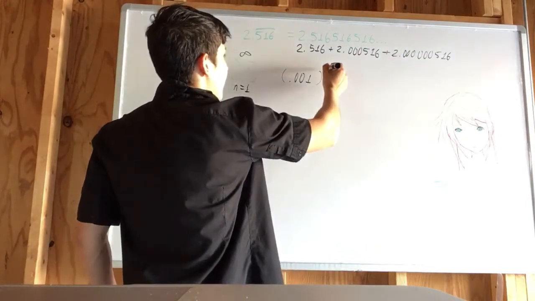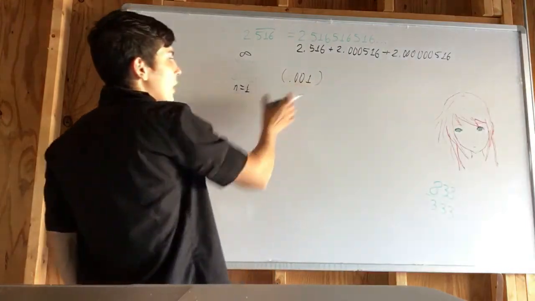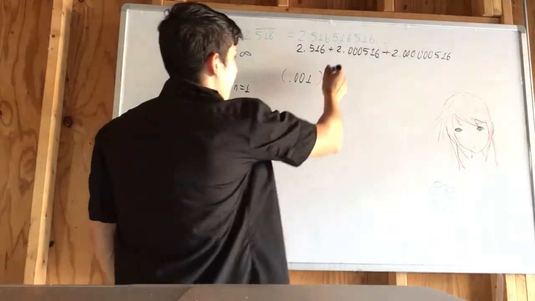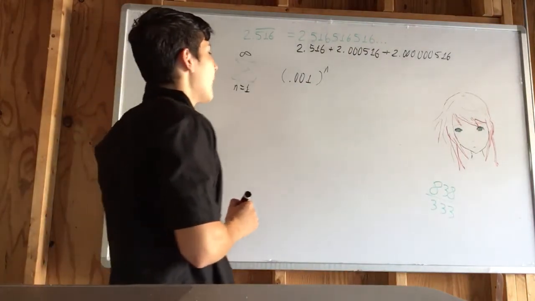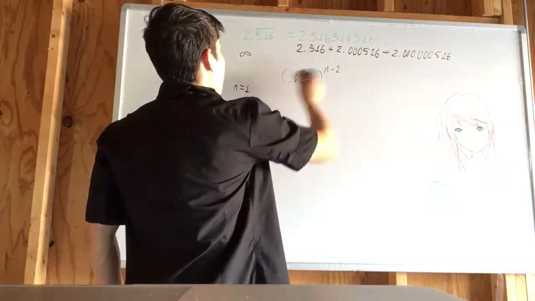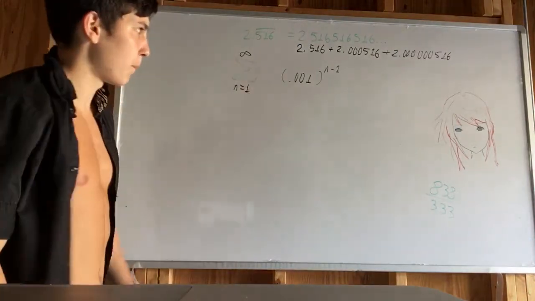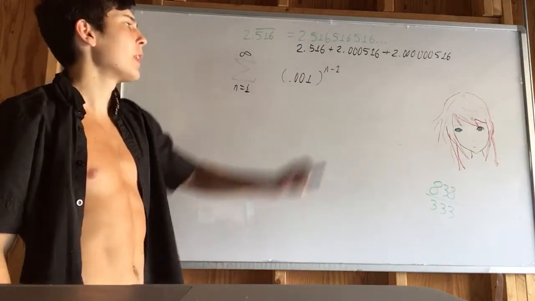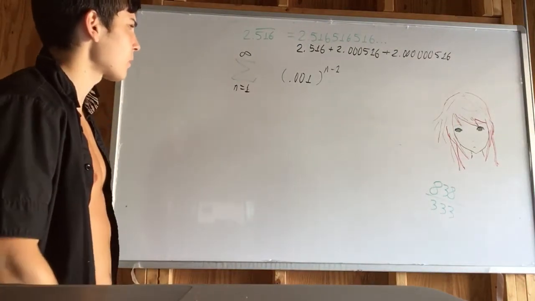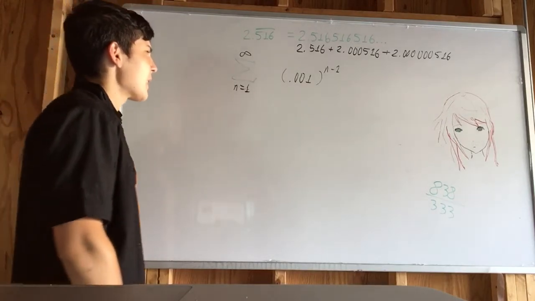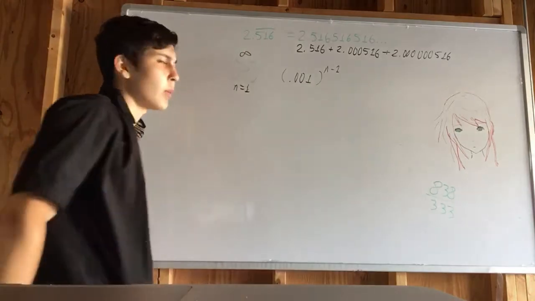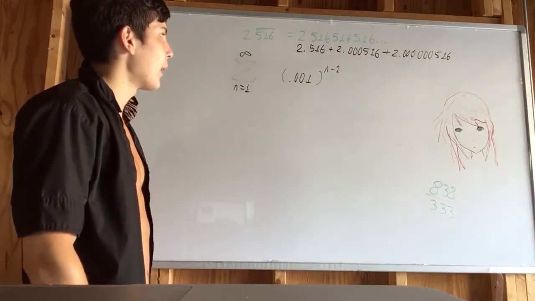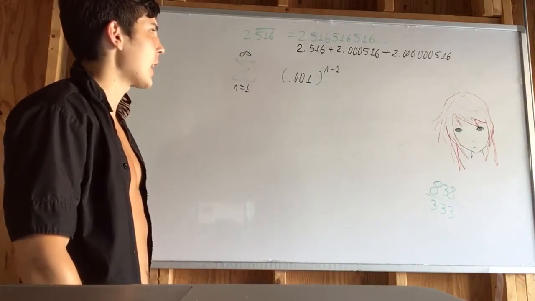When we have something geometric, that means we're taking this to an exponent. Our exponent is not going to be n, it's going to be n minus 1 because we started at 1. If we had started at 0, we could just have n. And the reason we do this is so we could have a value that we initialize and which is multiplied each time.